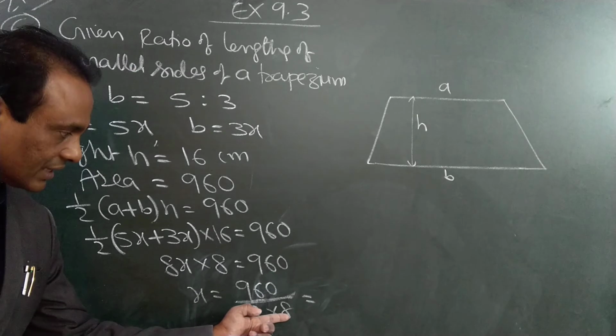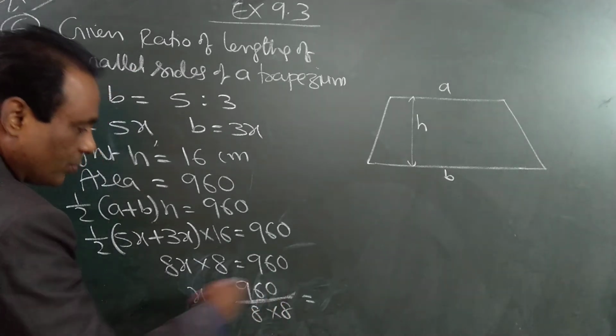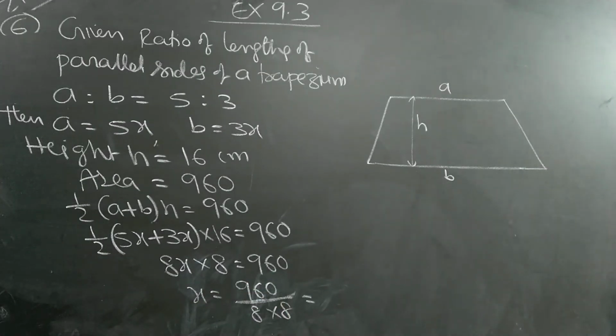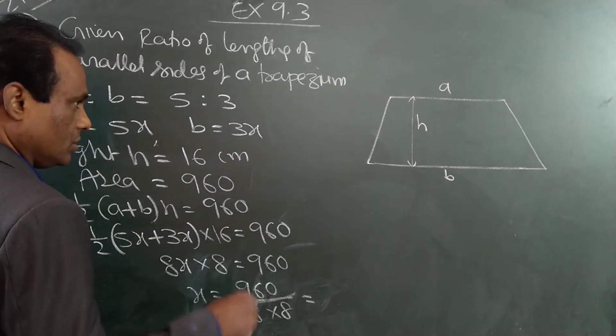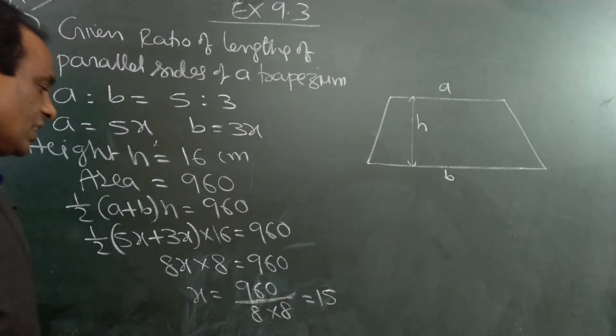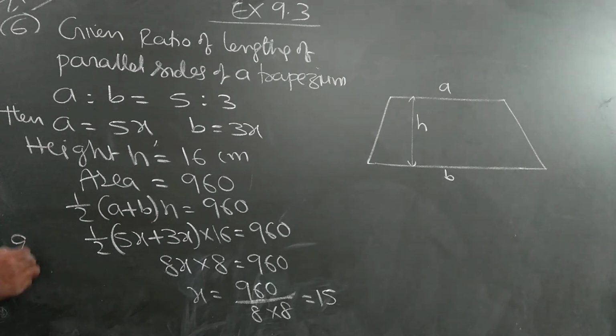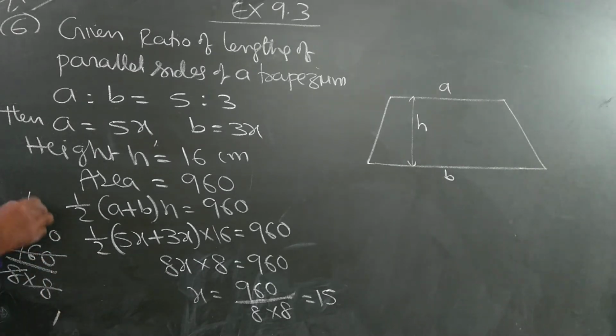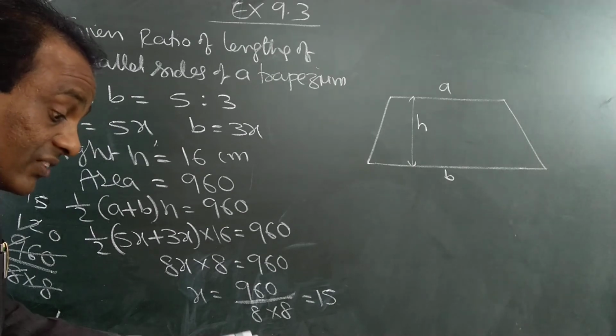This 8 also is in the denominator and cancels. See the simplification. So x is 15.